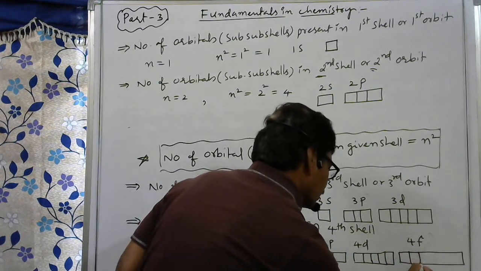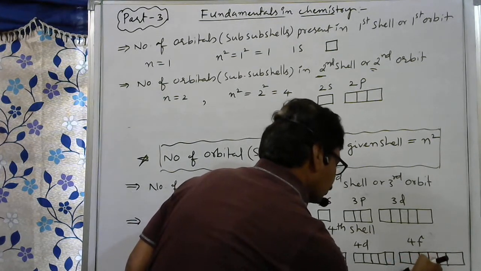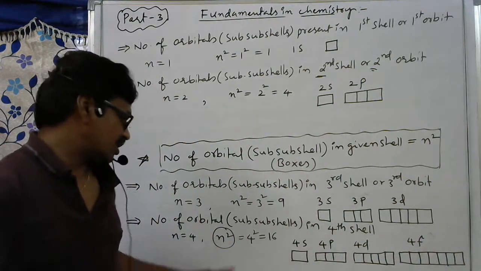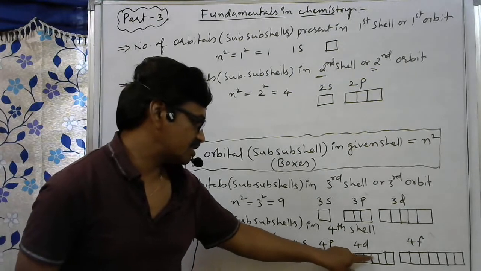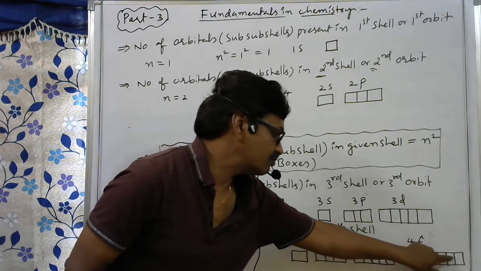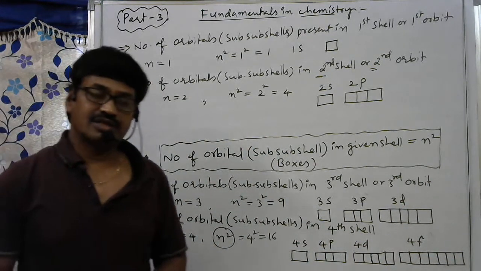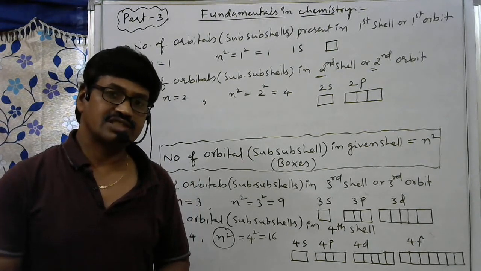If you count each and every box, you will get 16. So 1, 2, 3, up to 16. Like this, we can get the number of subshells, otherwise orbitals, present in a given shell equal to the n square formula.